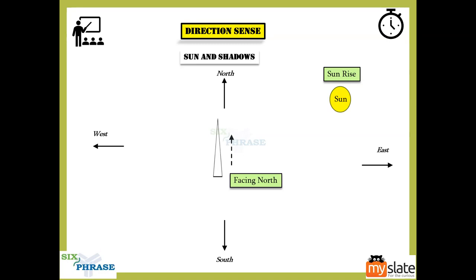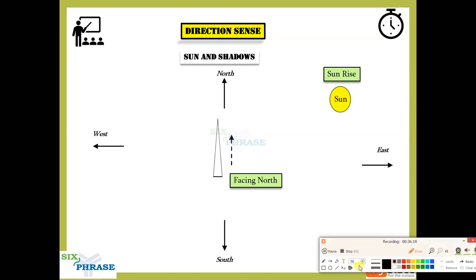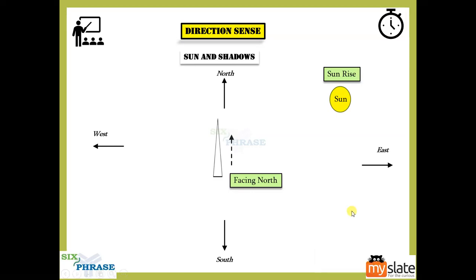You can see the sun during sunrise, so approximately that is where the sun will be. I'll point it out for you. This is where the sun is at this point. So you have to tell me where the shadow of this object will fall. So pause the video and then we'll continue after some time.